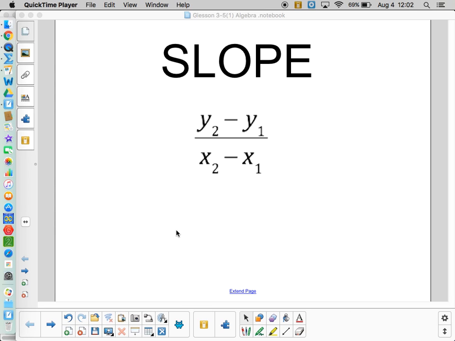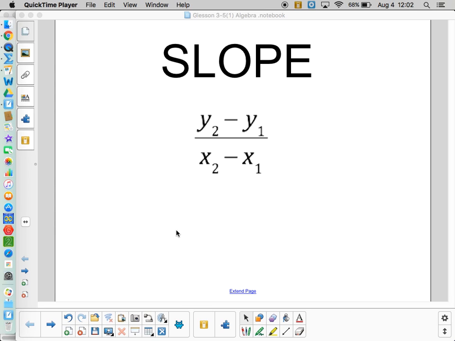So, slope formula. I'm hoping this is something you remember very well from algebra because it's pretty important. It's something that we looked at a lot in algebra, and it's a pretty straightforward formula: change in y over change in x, y2 minus y1 over x2 minus x1. If you don't have this formula completely engraved in your permanent memory, get it there because, like I say, it's pretty important.